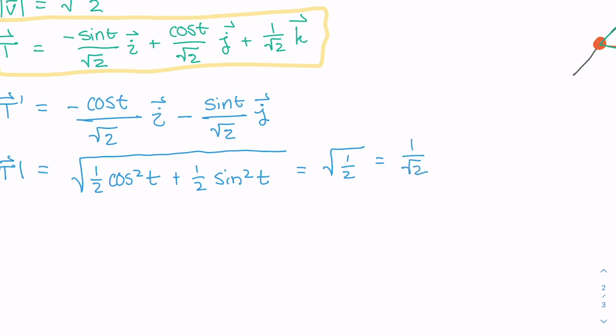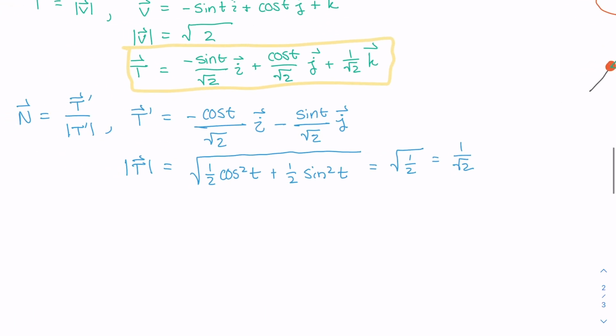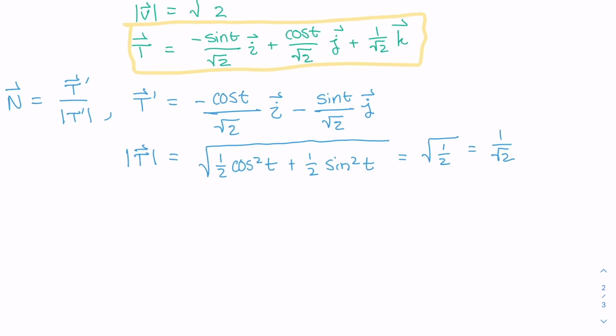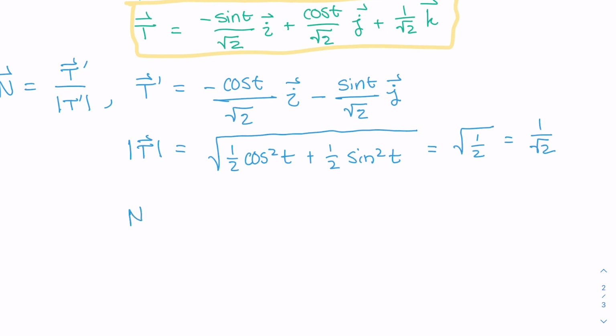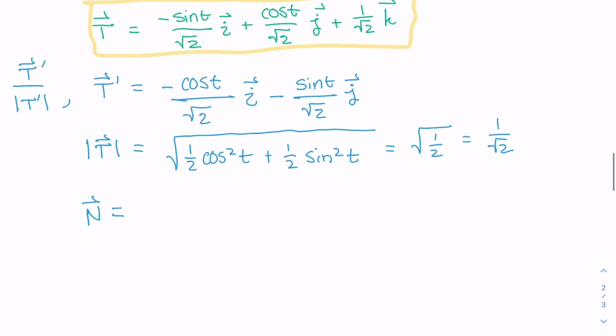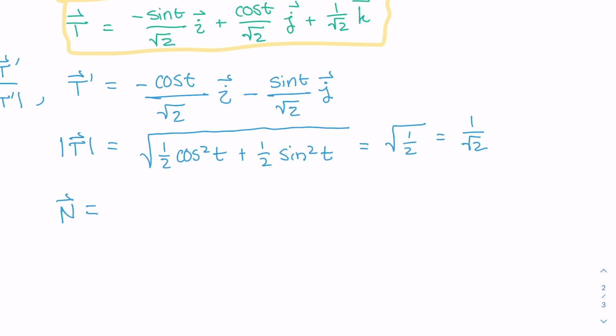So there's the magnitude. And now we're just going to divide the derivative of the unit tangent vector function by the magnitude of the unit tangent vector derivative. So in this case, N will equal negative cosine t divided by the square root of 2, all divided by 1 over the square root of 2.